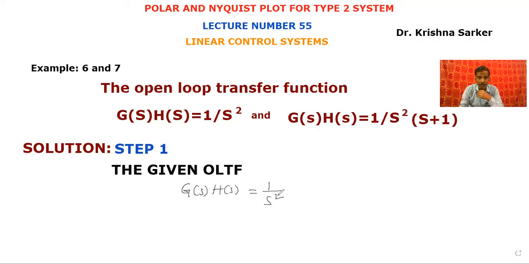This is type 2 system. Why? Because 1 by s to the power n equals type n system. If n equals 2, this is equivalent to 1 by s square. That means this is type 2 system.